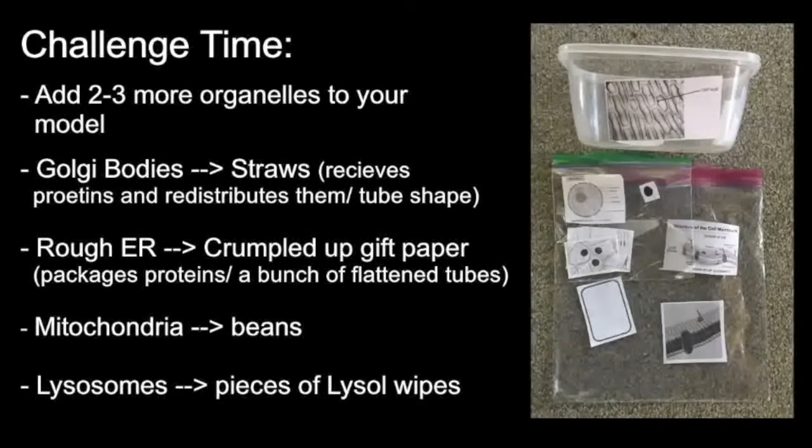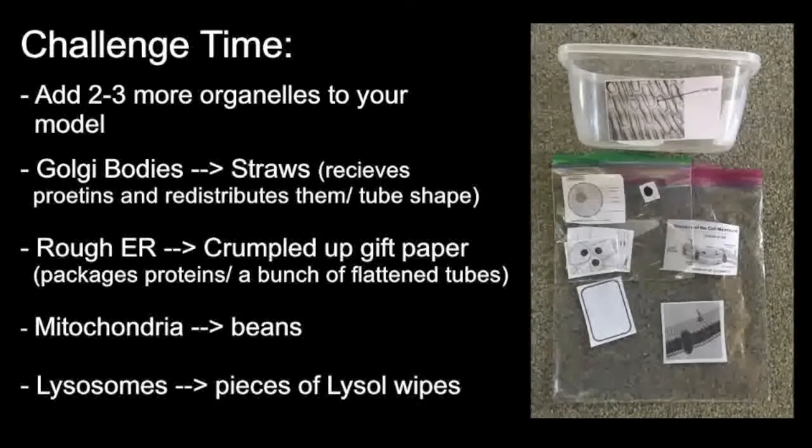Rough ER, or endoplasmic reticulum, are represented by crumpled up gift paper. I'm doing this because the rough ER packages proteins and it looks like a bunch of flattened tubes. Some other choices could be mitochondria represented by beans or lysosomes represented by Lysol wipes.